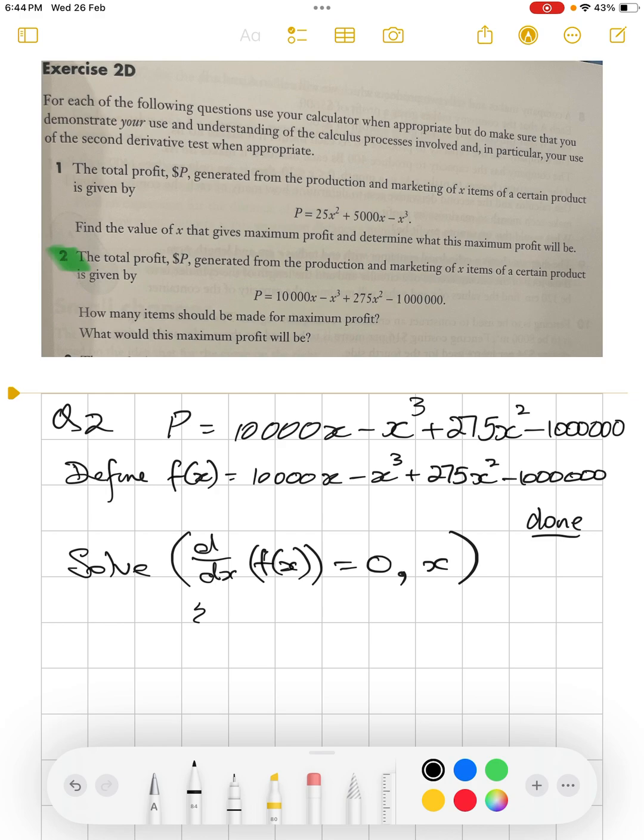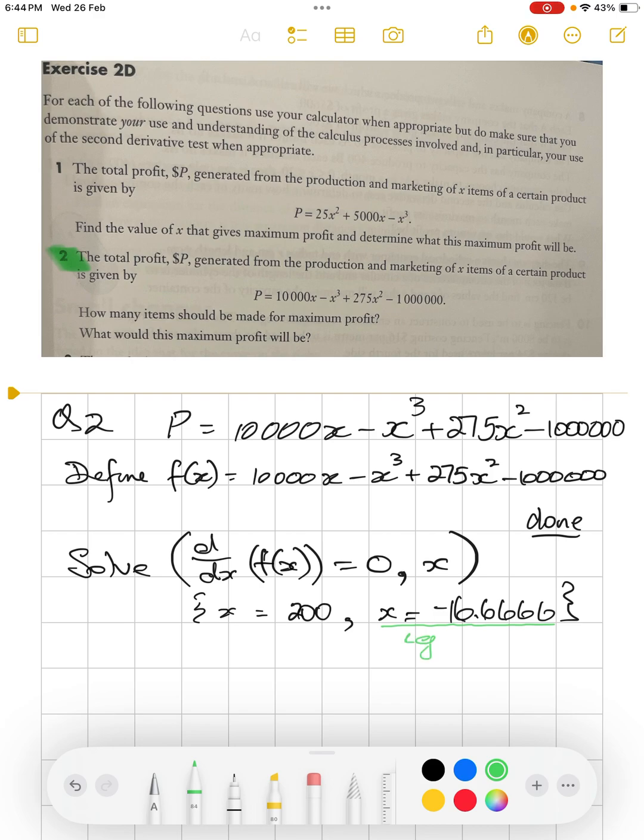It will tell you that x can equal 200, and x can also equal negative 16.66666.